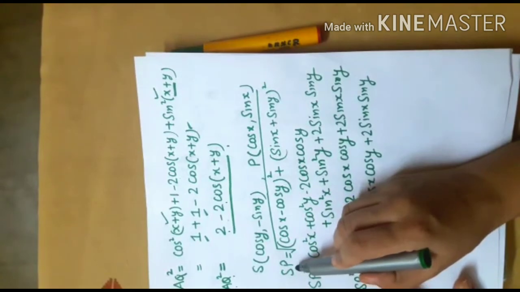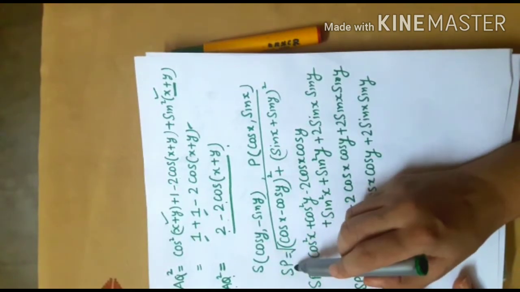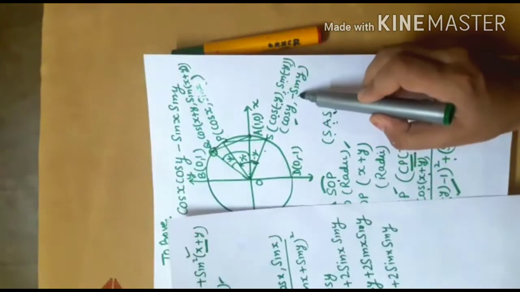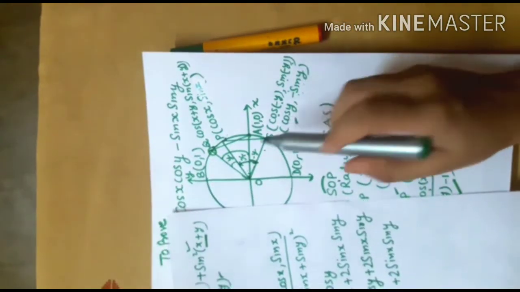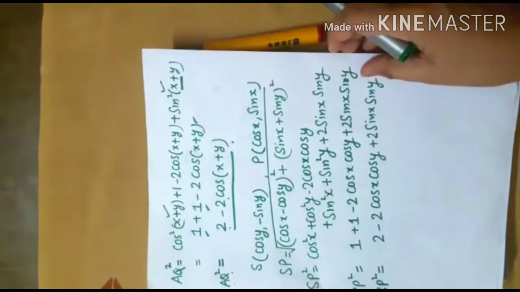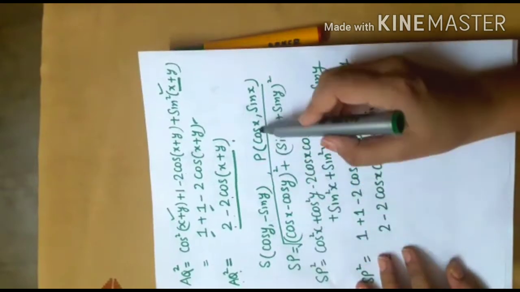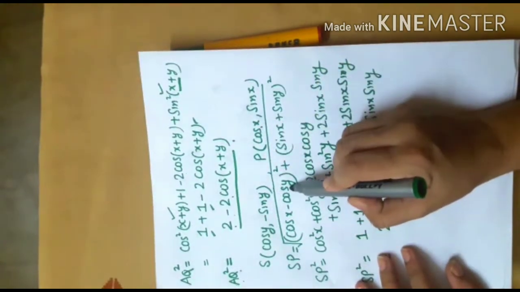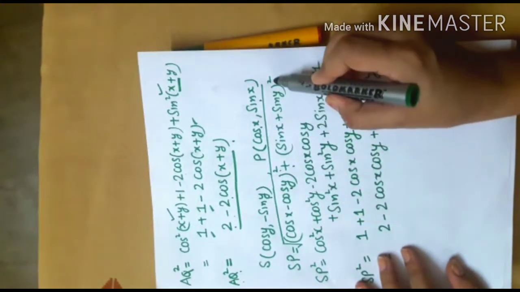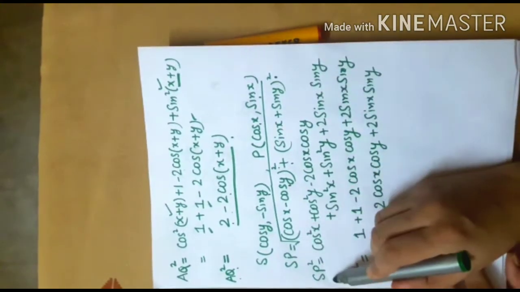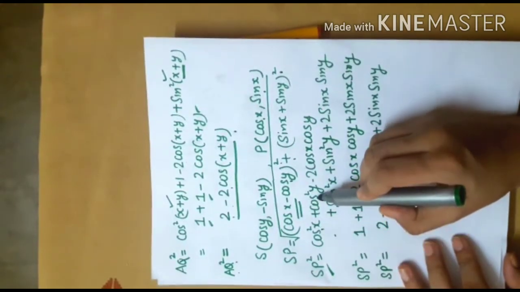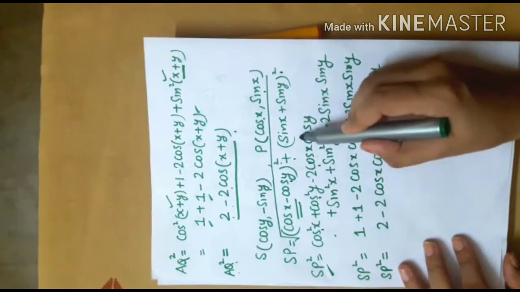Now similarly, we have to calculate the distance SP. The coordinates of the point S are (cos y, -sin y), and P is (cos x, sin x). So again using the distance formula, SP will be the square root of (cos x minus cos y) whole squared plus (sin x plus sin y) whole squared. So on squaring both sides, I'll open the square: cos squared x plus cos squared y minus 2 cos x cos y.